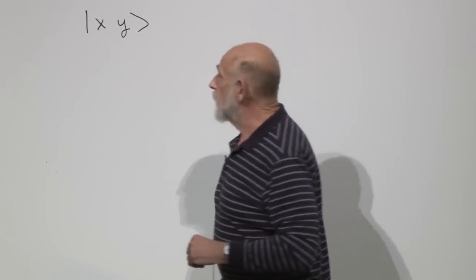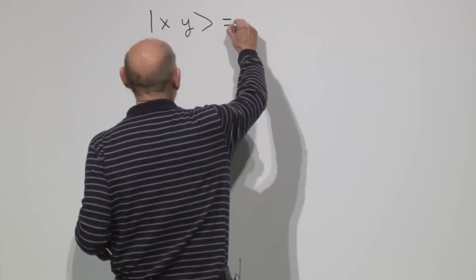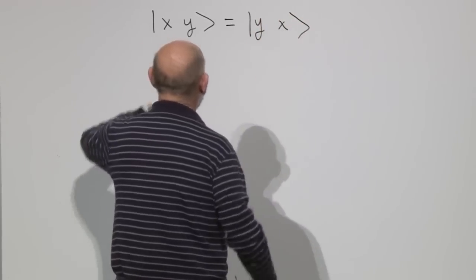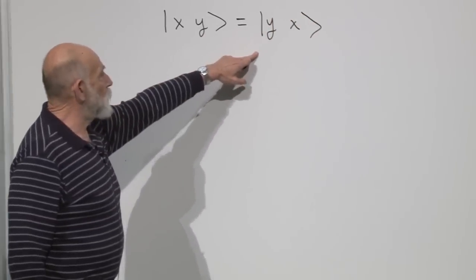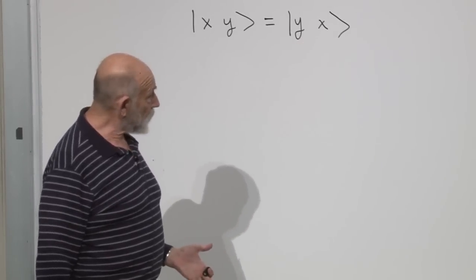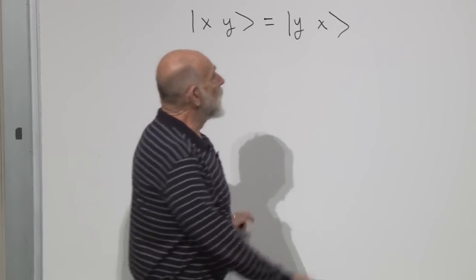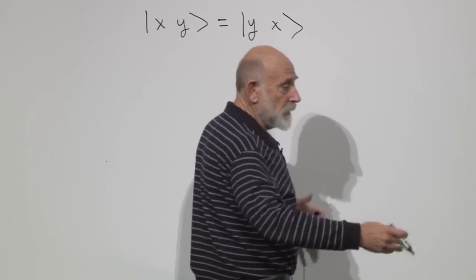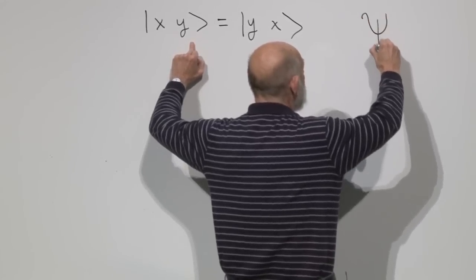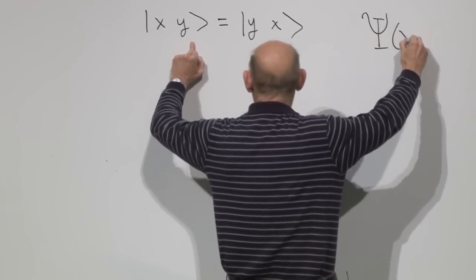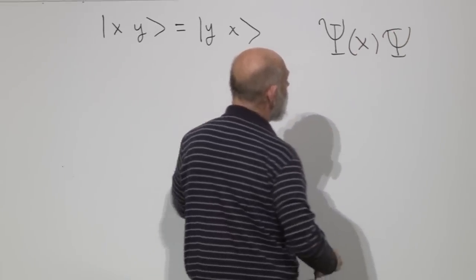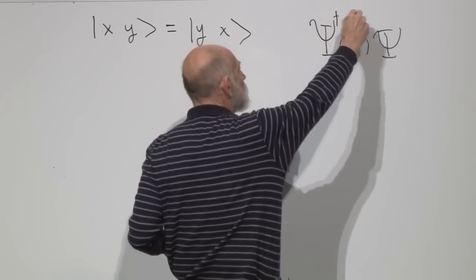For bosons, this is exactly the same thing as putting particle 1 at position y and particle 2 at position x. They're equal to each other. Okay? So in particular, how do you make a particle at x and a particle at y? You take psi dagger of x times psi dagger of y, these should be creation operators.